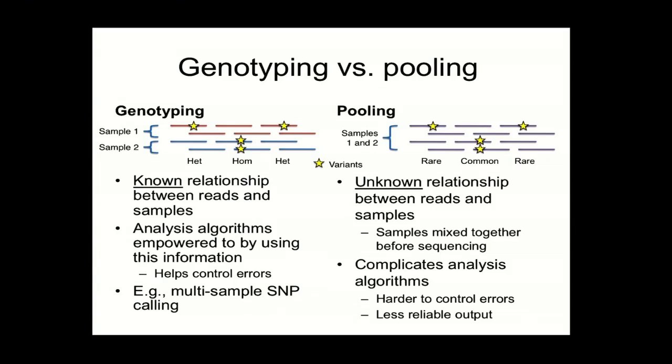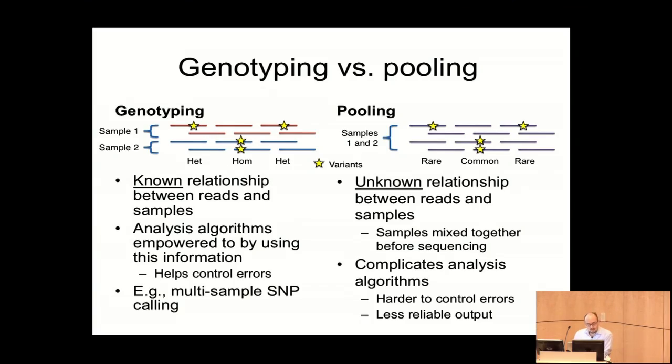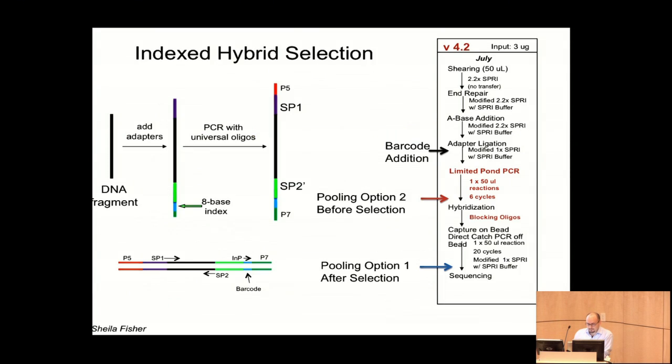The key is genotyping algorithms are much more powerful at analysis. If you have a design that preserves this relationship, you can apply multi-sample genotyping algorithms that work very, very well. If you have a pooling strategy, it is harder to control error, and it's much harder to figure out what's going on. I'm happy to talk to people after who are interested in this. The problem is pooling is very attractive because it's cheaper, but it does make the analysis much harder.